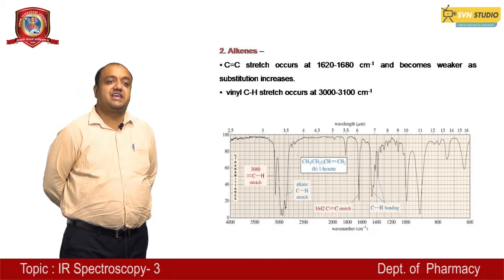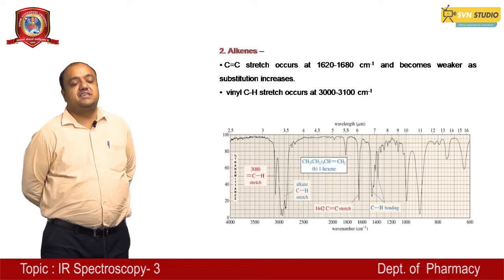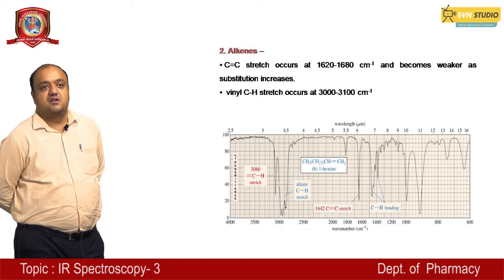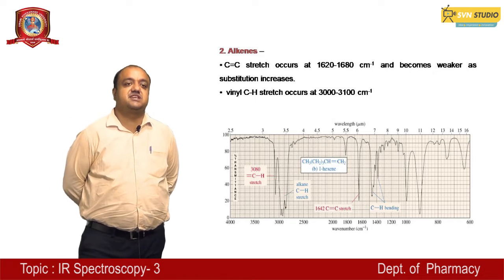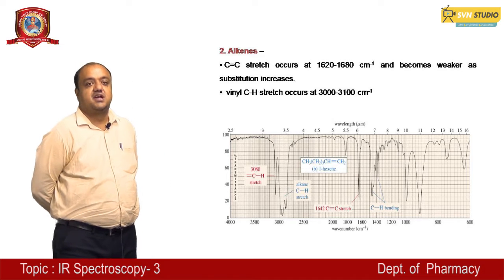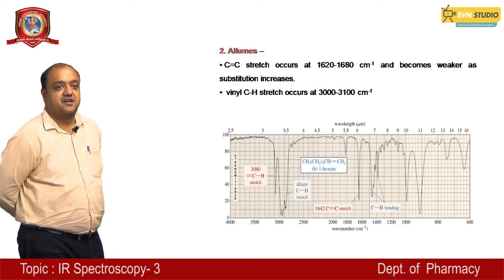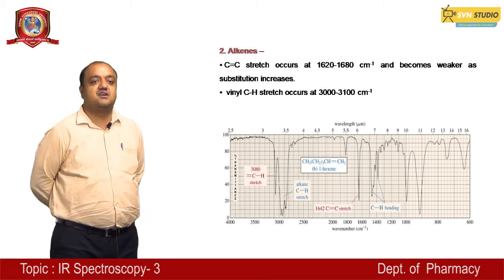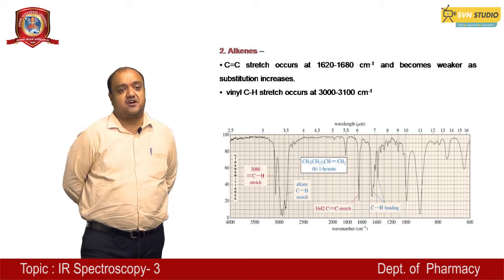Next example is alkenes, which show the carbon-carbon double bond stretch, which occurs at 1620 to 1680 centimeter inverse, and it becomes weaker as substitution increases. Vinyl C-H stretch occurs at 3000 to 3100 centimeter inverse.